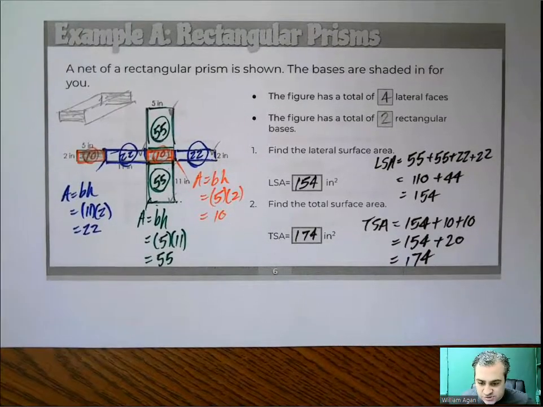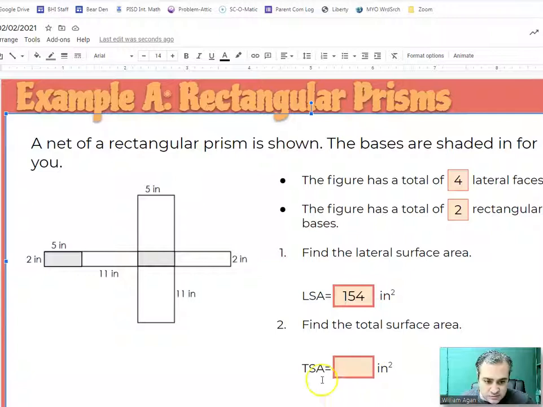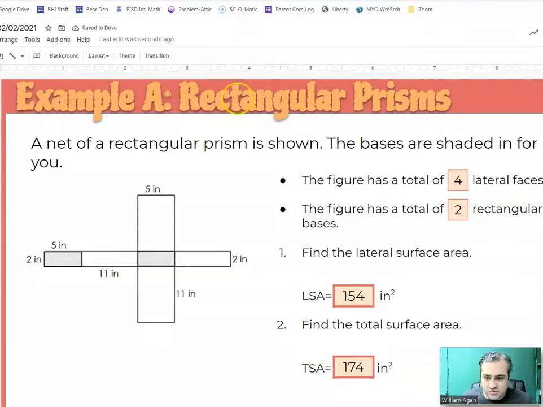So now you just type that in. And there. That is how you type in all of the answers. Yes, I'm looking for all of these whenever I check. Okay, go ahead and do your turn number 1.